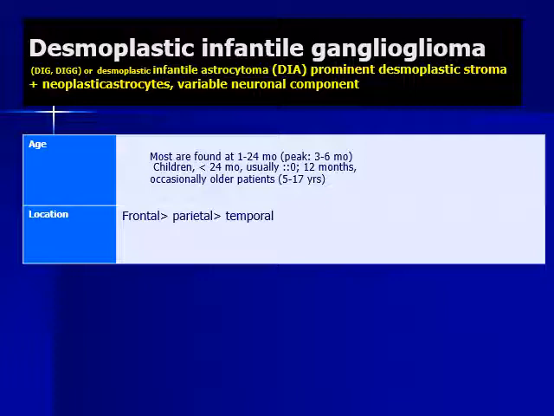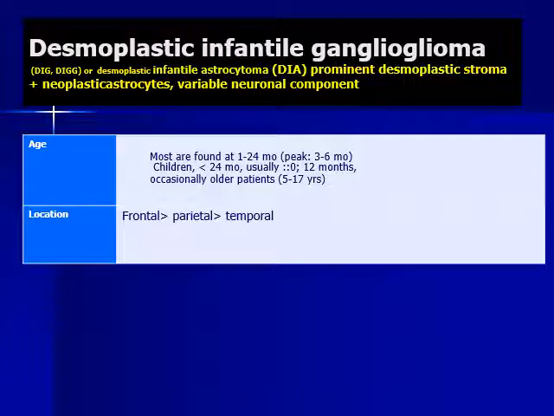Desmoplastic infantile ganglioglioma. From the name, desmoplastic, as if it is creating a fibrotic reaction. Infantile, so we will see it only in infants. Ganglioglioma, it is similar to ganglioglioma. It is composed of cysts and nodule. It is called DIG or DIGG, or desmoplastic infantile astrocytoma.